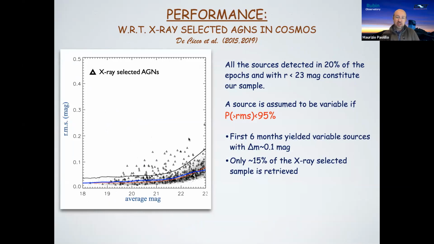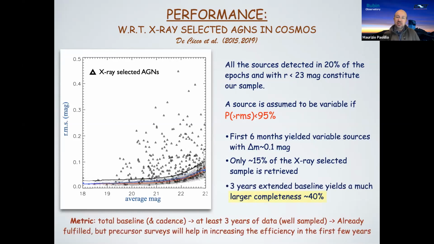And so in the first season, we could only detect about 15% of the X-ray selected AGN. However, as expected in part, and we predicted it based on structure functions, once you go to 3 years, this fraction increases significantly.